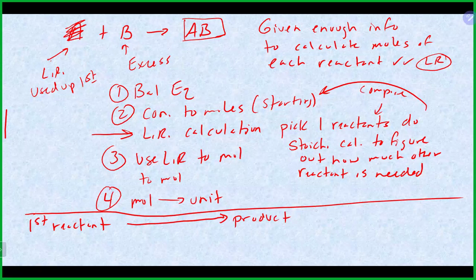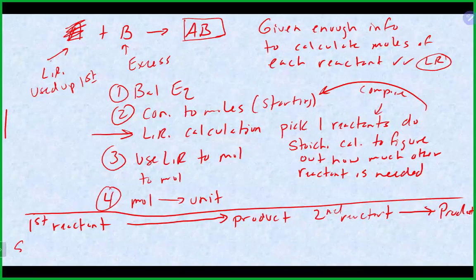And then you do a separate calculation from the other reactant to the product. And whichever one gives you the smaller amount of product is both your theoretical yield and your limiting reagent. So the smaller product is your limiting reagent. So that is the other approach.